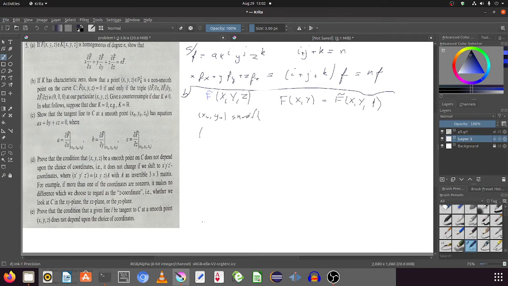meaning the 2D gradient is equivalent to the 3D gradient at that point.